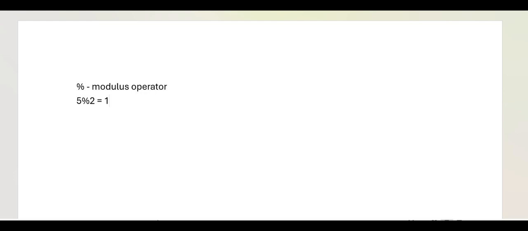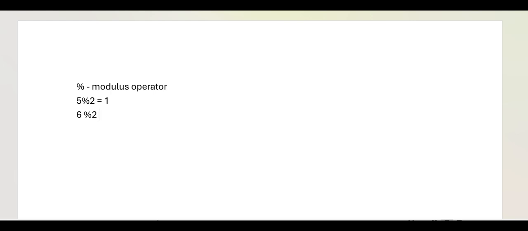The reason being is because 5 divided by 2 will give us back 2, but leave us with a remainder of 1. And when we say 5 modulus 2, what we are looking for is only the remainder. Let's try another one. 6 modulus 2.